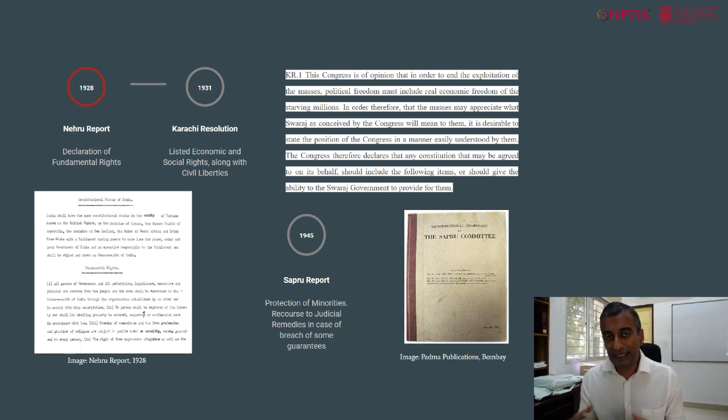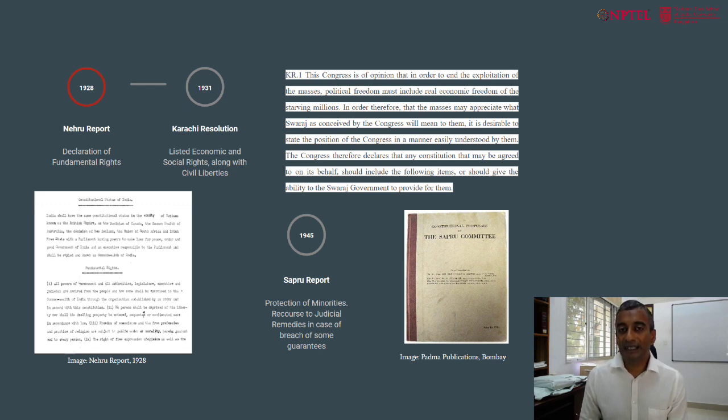This dovetailing, this constant emphasis that civil and political rights standing alone would not have meaning unless they were accompanied by economic freedom and social freedom, is a strong position that is developed in the Indian freedom movement.